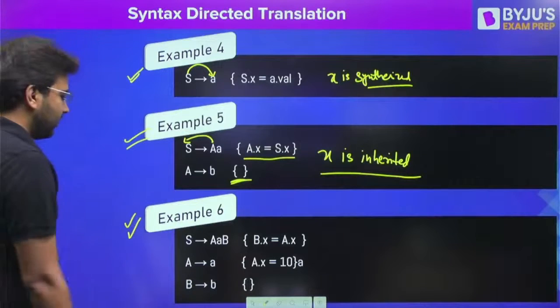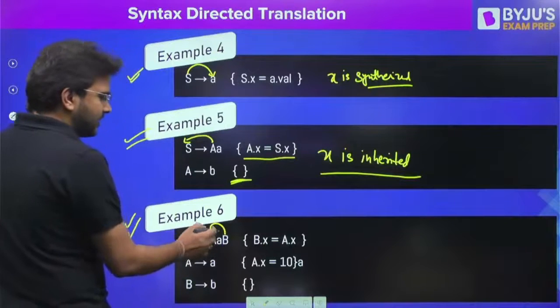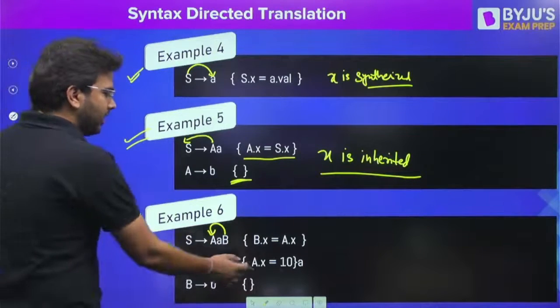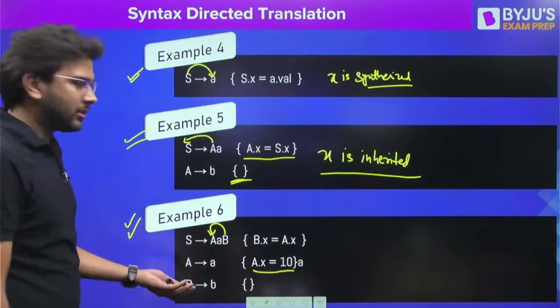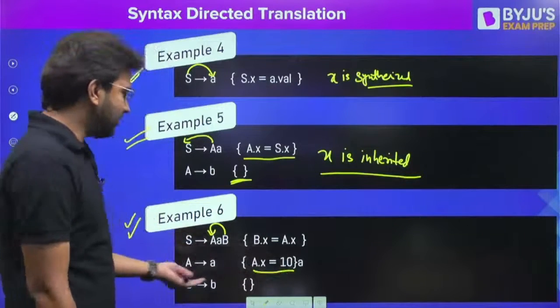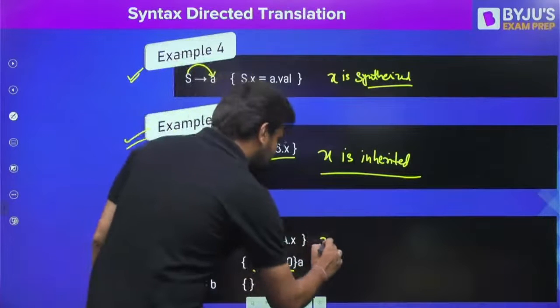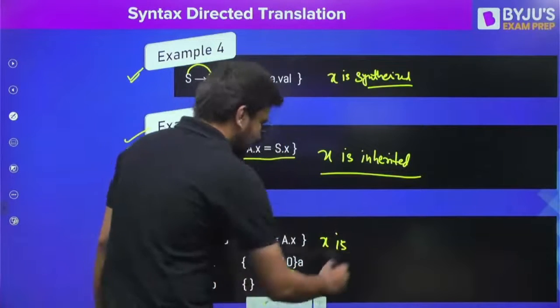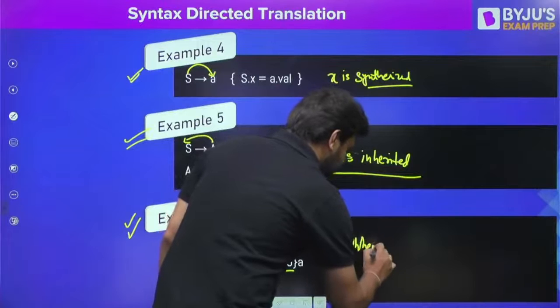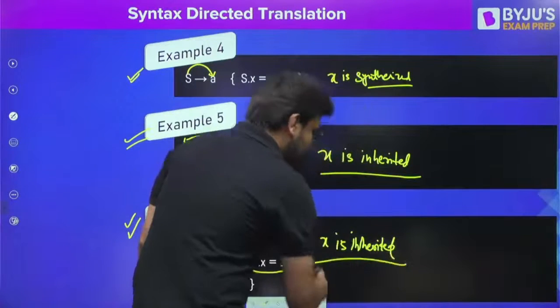Inherited. So here B is taking the value from A, that means it is taking the value from its sibling, and here A dot x is equal to 10. So we are not going to consider that because it is assigning just the constant value. So on the basis of this, we can clearly say that x is inherited.